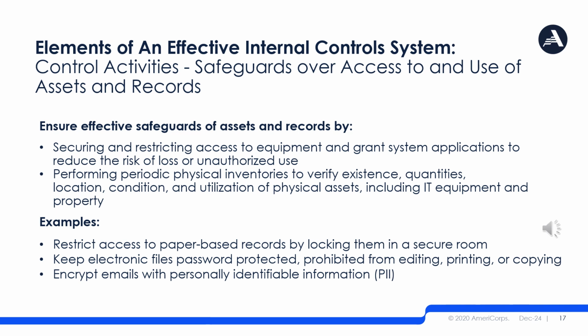As mentioned previously, without proper safeguards in place, your organization is exposed to increased risk, such as the misappropriation of assets, such as cash, inventory, and equipment, unauthorized access to critical grant management information systems, or the unauthorized access to personal identifying information, such as social security numbers, addresses, and dates of birth.